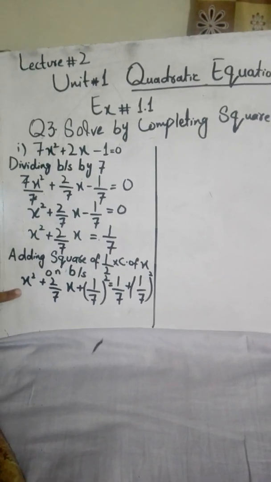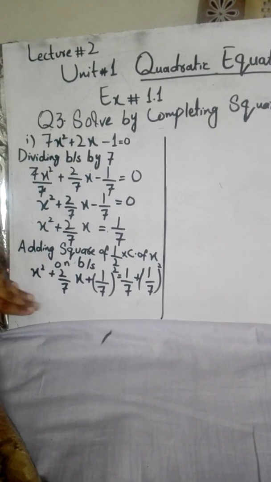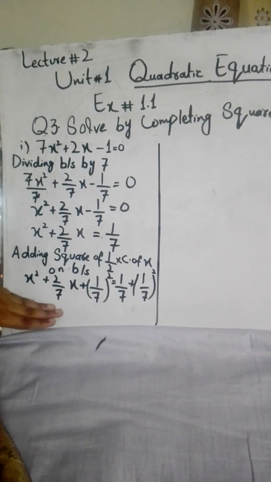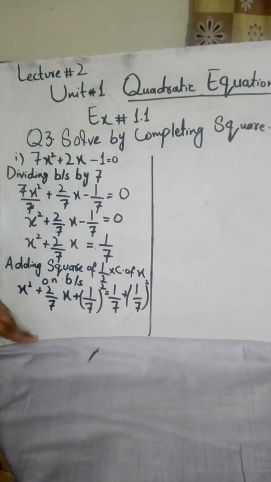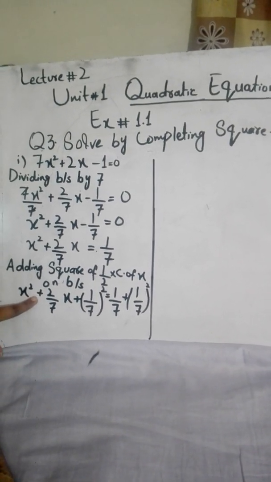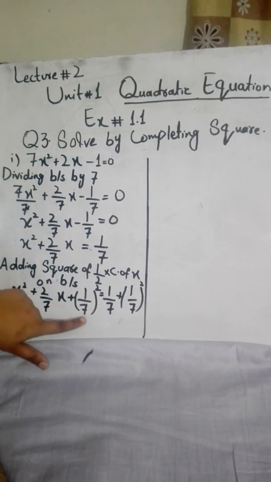Now look at this equation. Here the a plus b whole square or a minus b whole square formula will be completed, so we will close it. A square plus 2ab plus b square.